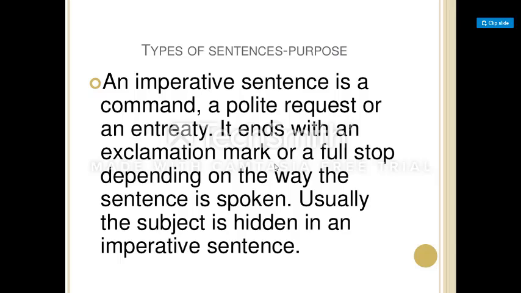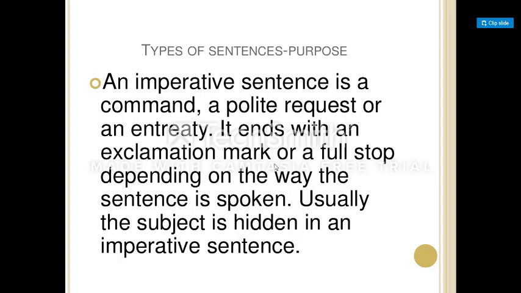What are optative sentences? Optative in Urdu you can say as duaiya jumle. Optative sentences are sentences that express a hope, wish, keen desire, or a prayer. Optative sentences generally end with an exclamation mark.